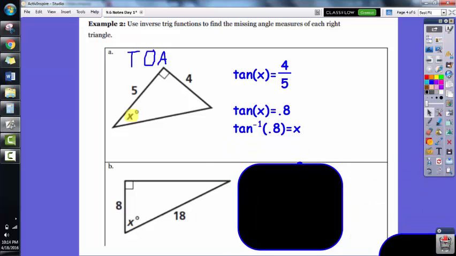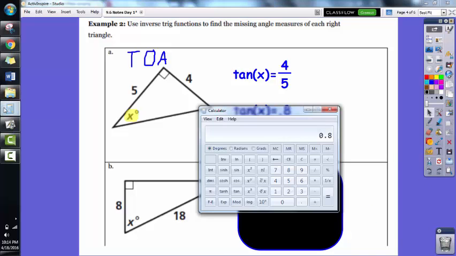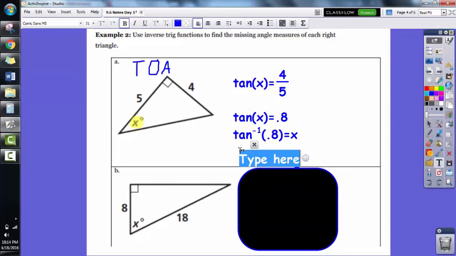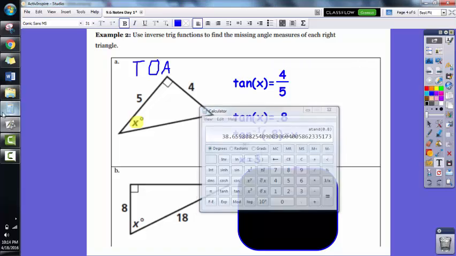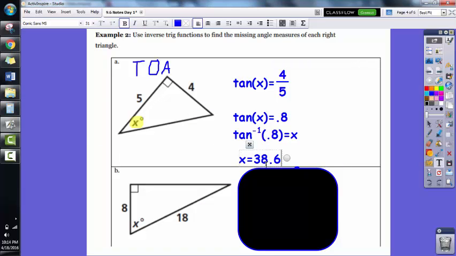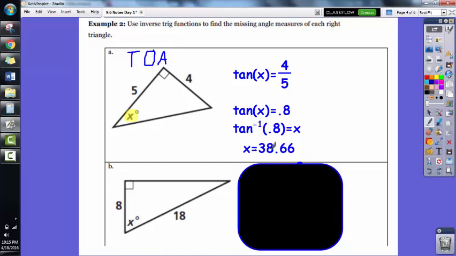So now you need to use your calculator, and 0.8 with the inverse tangent, you get 38.6598, or 38.66 degrees. So that's what angle x is right here. Remember, inverse tangent finds angle measurements.